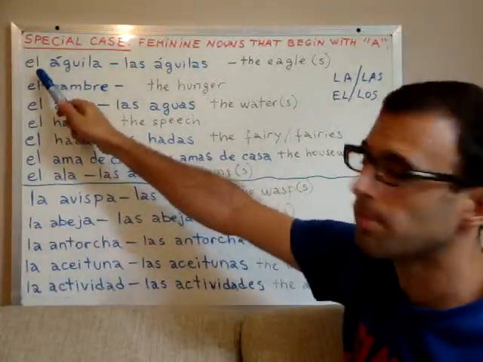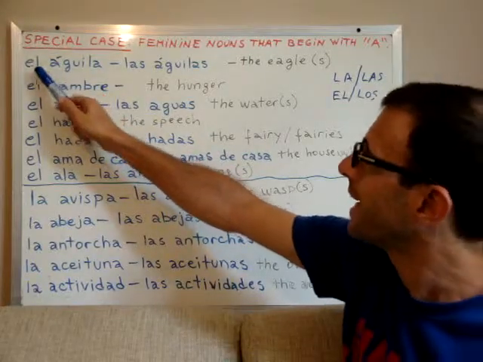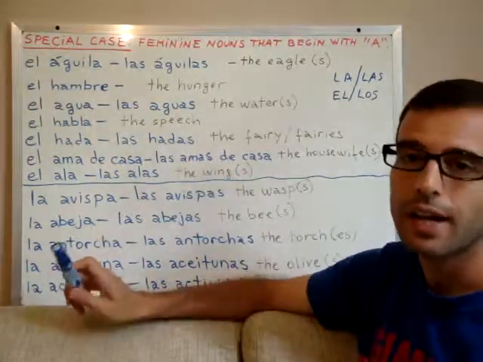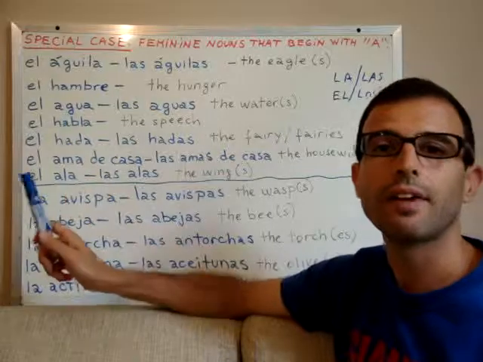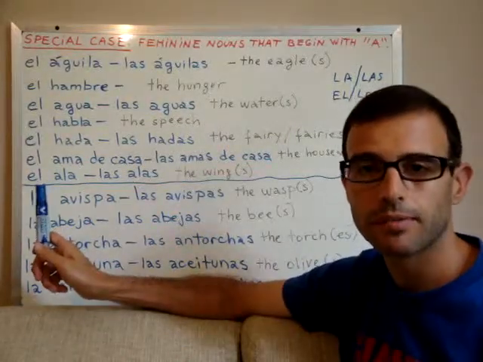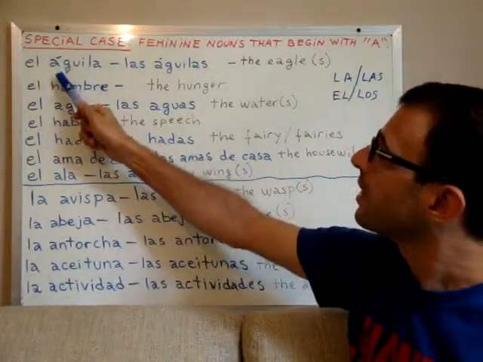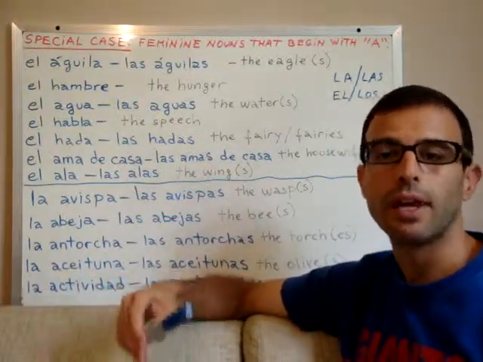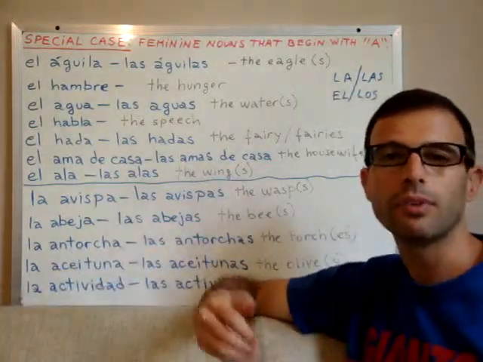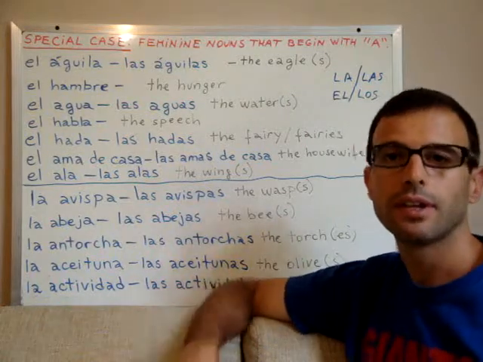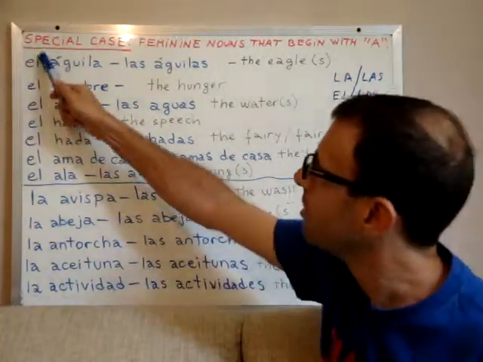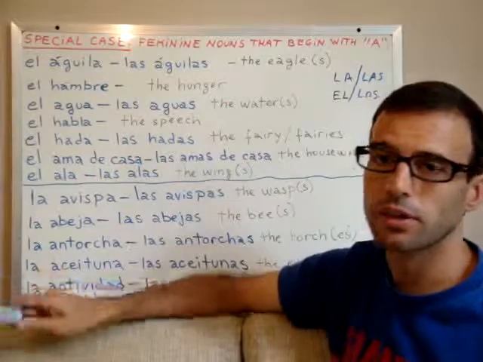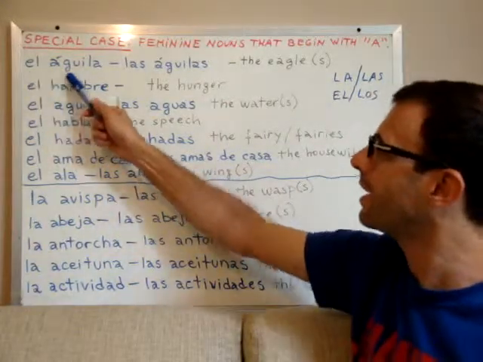Let's see this example, for instance. El águila. Águila, or eagle, is a feminine noun. However, it begins with an A, and in order to avoid having la águila, the double sound of the A, we use the masculine article and we say el águila.